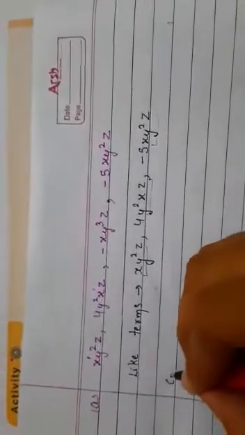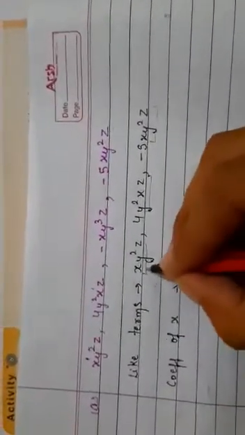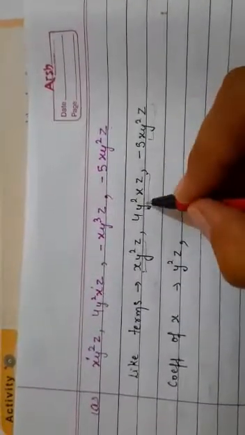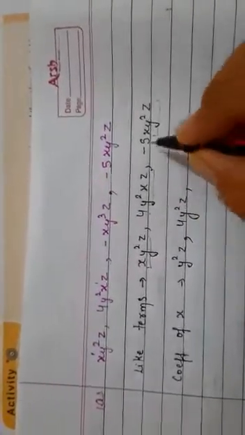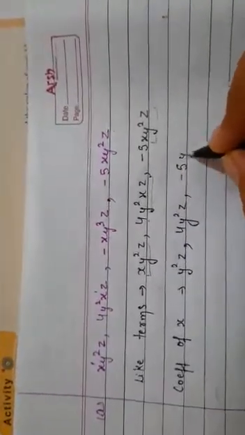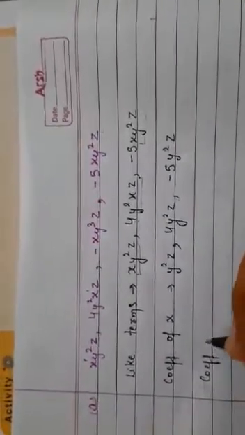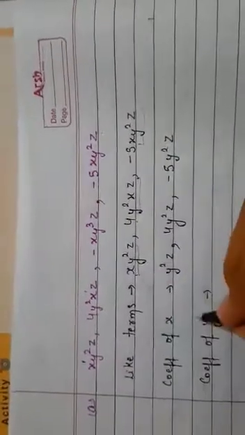So first of all we will write the coefficient of x. Coefficient of x, y square z in the first term. Here the coefficient of x is 4y square z, and here minus 5y square z. Next we have to write the coefficient of y, not y square.